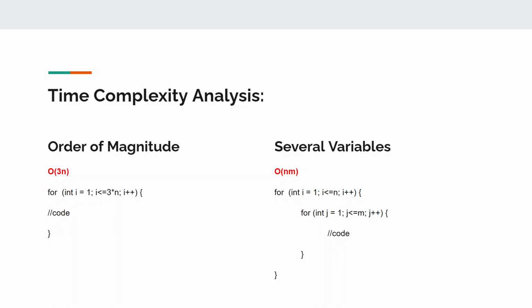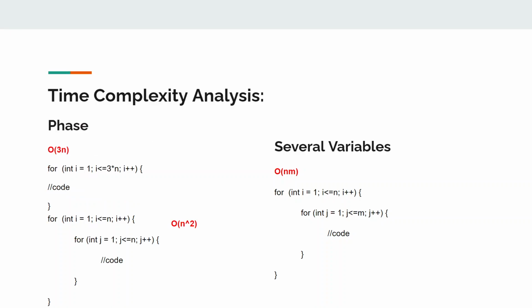And we have another example where we have multiple variables. The first loop ends at n and another loop ends at m, and it is nested. So we represent the time complexity as O of n into m. The next example is when we have multiple phases, like continuous lines of code.